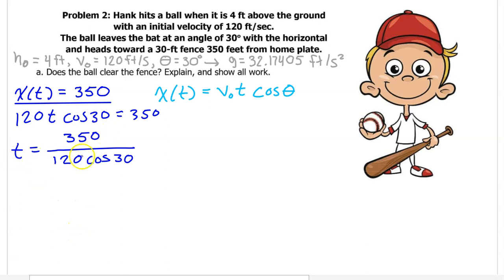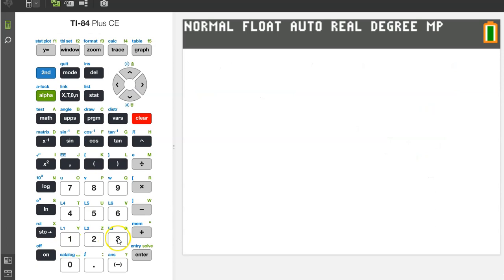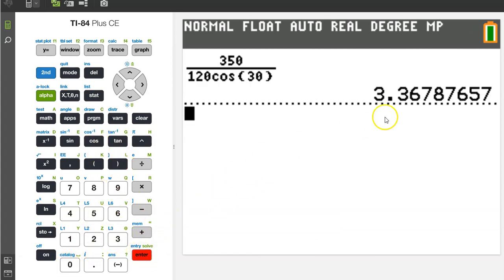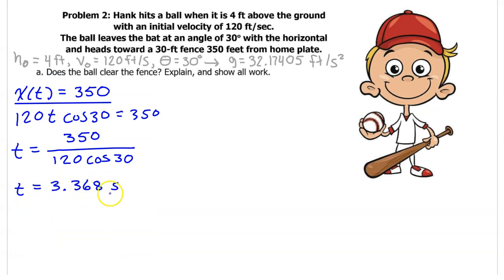So t is equal to this expression. Let's type this into the calculator. So that's 350 over 120 cosine 30. 3.368 if you round up. So the ball will reach the fence 350 feet away after 3.368 seconds have elapsed.